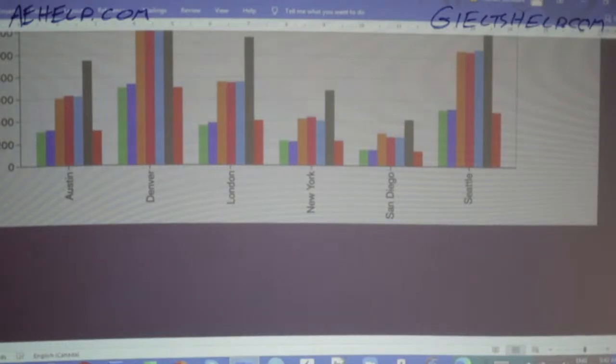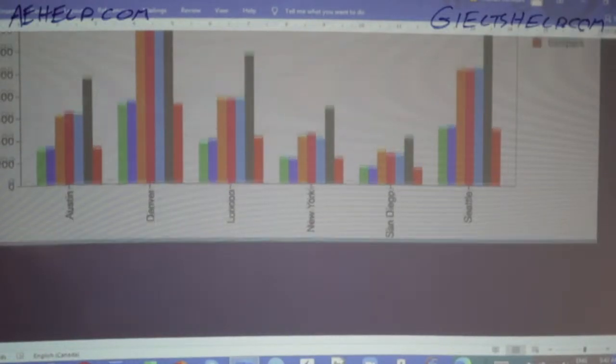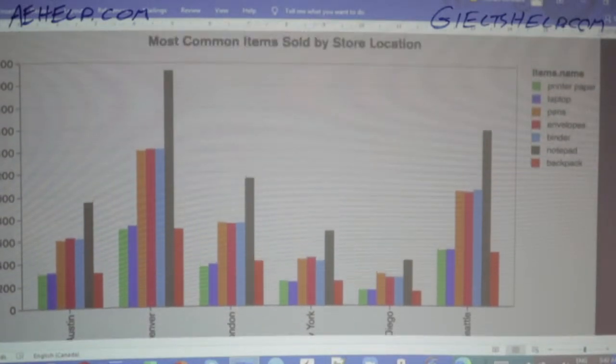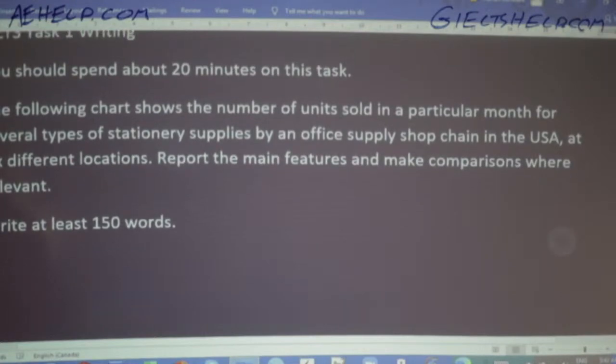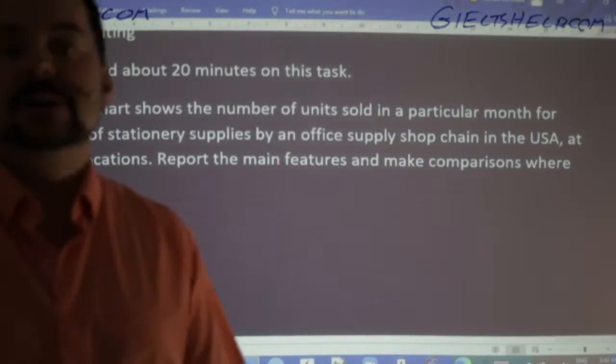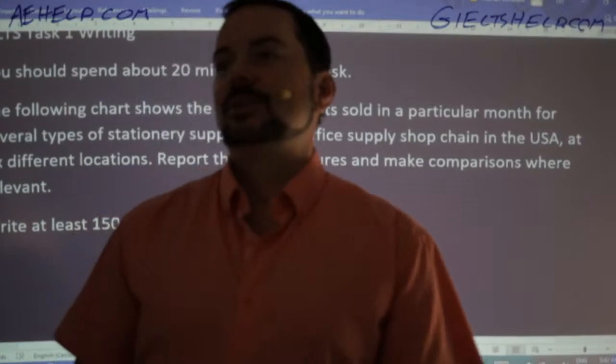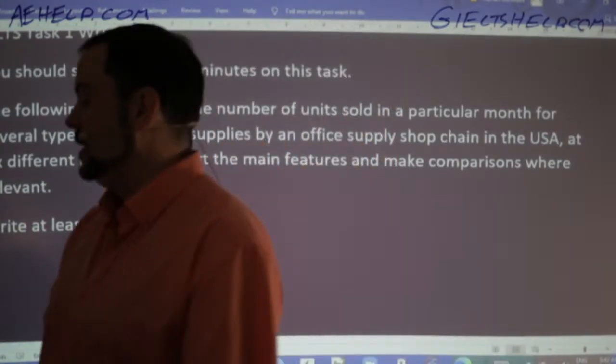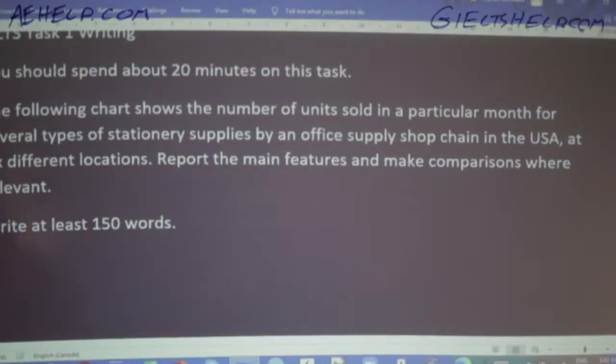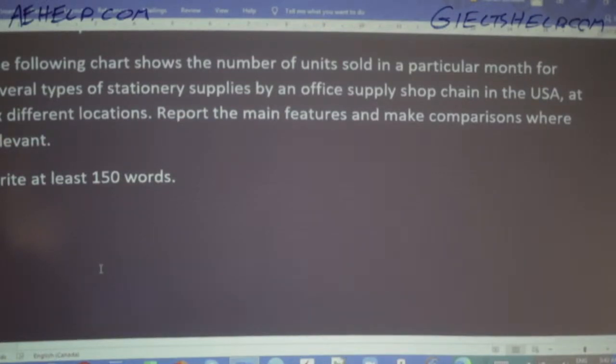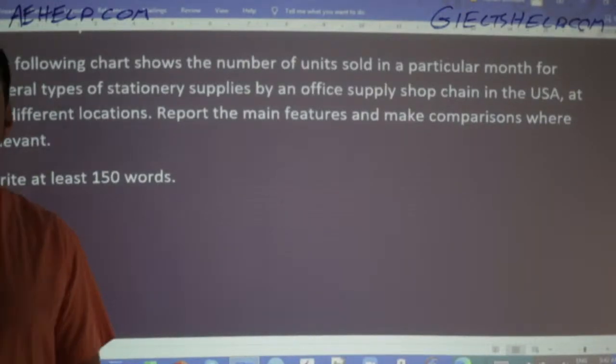Okay, all right, so we have a good look at our bar graph. We've read the question. What's my next step, members? So this is a quick question here for you. So once I've read the question, I've looked at the title, the axes, the legend in the bar chart. What do I do next? What's my next step?